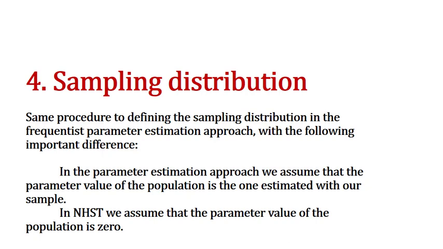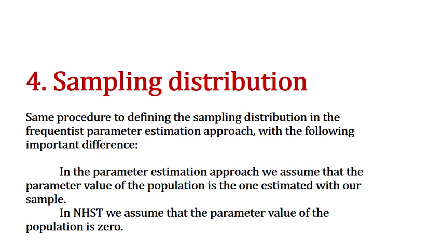So if in our sample we obtain a beta 1 of 0.6, then we assume that in the population 0.6 is the actual value, and then we do a sampling distribution starting from that point. Now, in NHST, we assume that the parameter value of the population is 0, or, as I told you before, it doesn't have to be 0, but it could be another predetermined value.